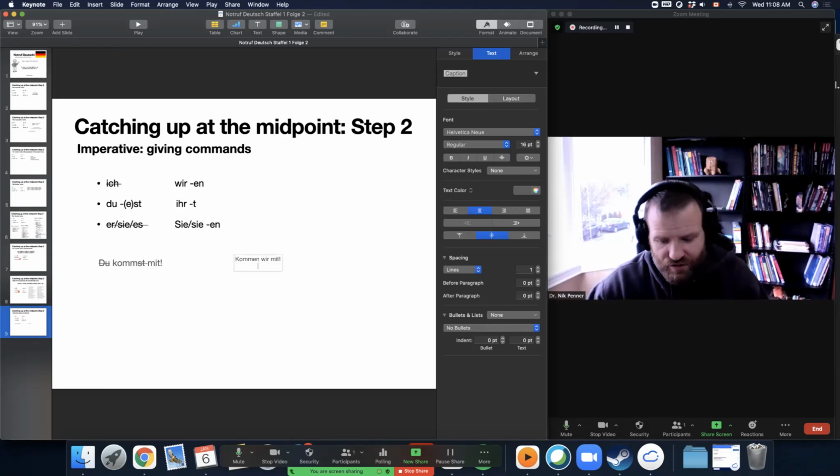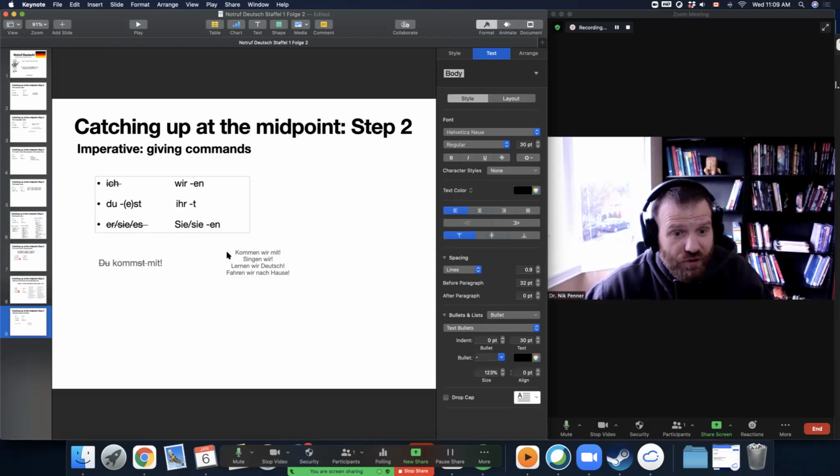Something like let's go, or singen wir, let's sing, or lernen wir Deutsch, let's learn German, or fahren wir nach Hause. That's it. You just form the plural form with wir and reverse the two. Kommen wir, fahren wir nach Hause, singen wir.